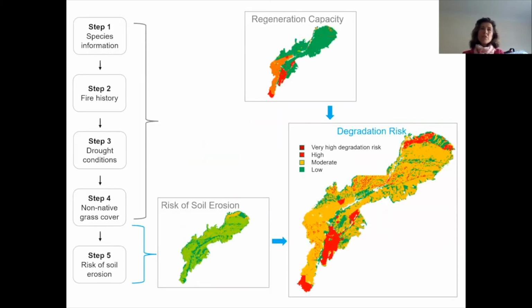This soil erosion risk then becomes integrated with the regeneration capacity data through a decision matrix, and the output is a degradation risk map. Areas in that map in dark red or red have very high or high degradation risk.